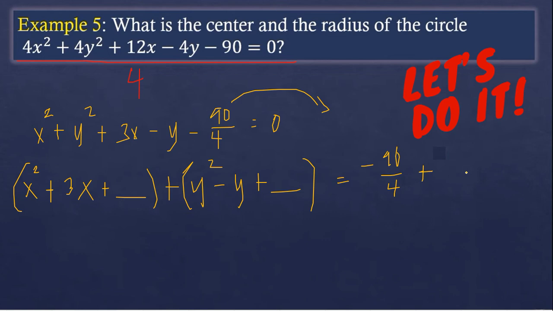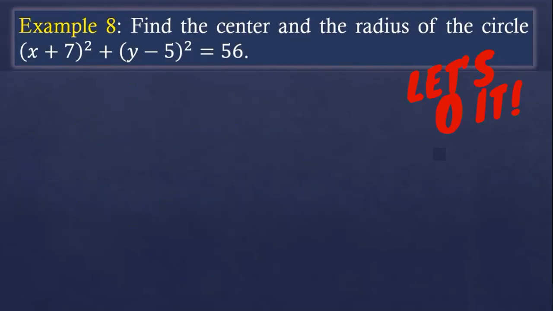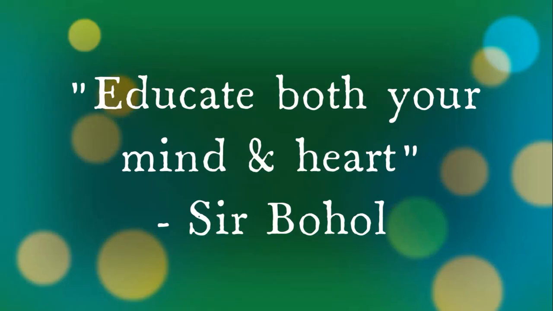Depende yan kung ano yung nahanap nyo na completing the square nya. So, ilalagay nyo dito, and kukunin yung center and the radius. Ibig sabihin po, standard form ang inyong kukunin. Okay? So, yun yung gagawin niyo dito. So, this is example number 1, this is number 2, and number 3. So, educate for your mind and heart.